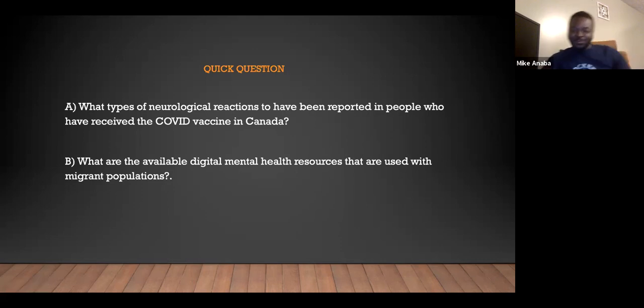All right. Yeah, I think I'll agree with Emily. Looking at the concepts we just talked about, population, concept and context, you realize that A has all these three components. B is a good question, but it's missing one thing, and that is the context.